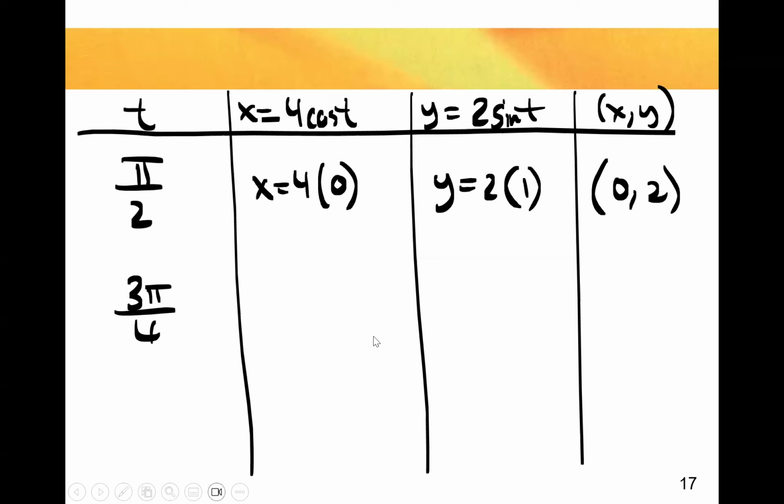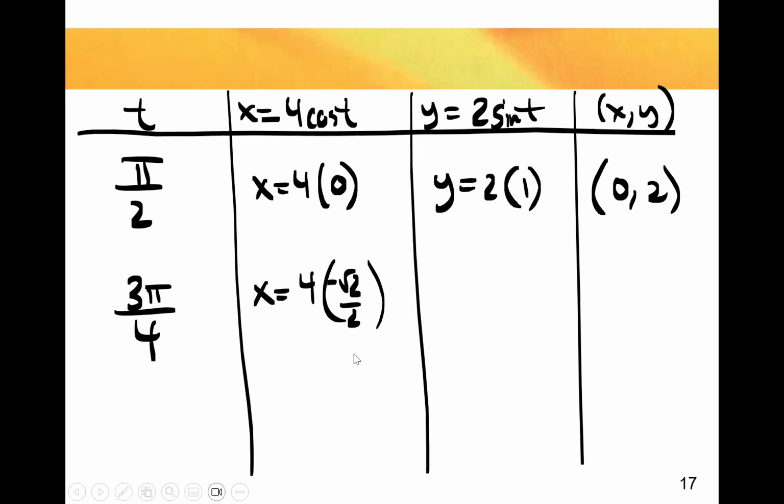So 3 pi over 4. Notice you can probably do this without a calculator, at least the first step, because it's either going to be √2 over 2 or -√2 over 2. Your only choices there. There you go. Absolutely. So we got ourselves 4 times -√2 over 2. Ava, is that what you got right here?